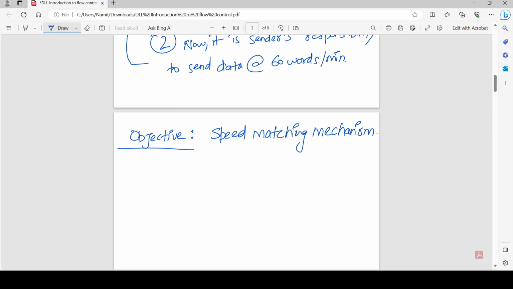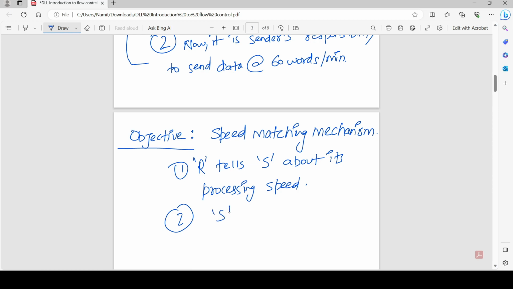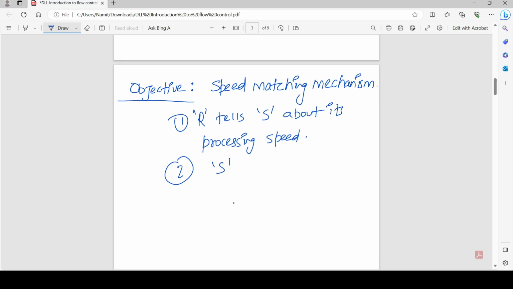So what happens in the speed matching mechanism is, first the receiver tells the sender about its processing speed. The moment this is done, it is the responsibility of the sender to send data at that respective speed on which they have mutually agreed. So the sender is going to send data at this speed only.